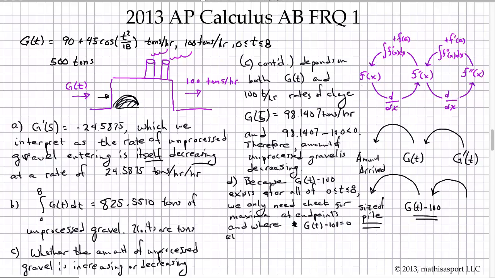At endpoints, well, how are we going to find those? At t equals 0, we're told that we have 500 tons.